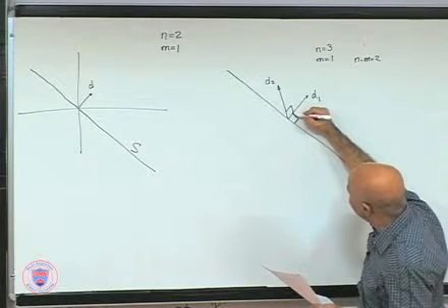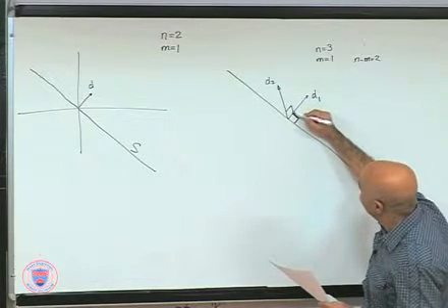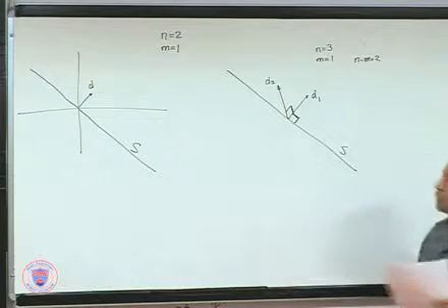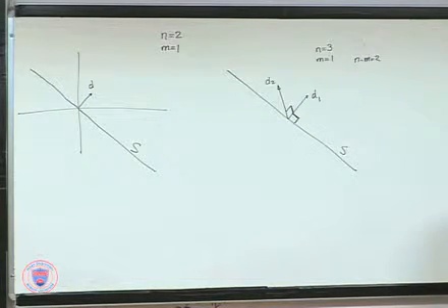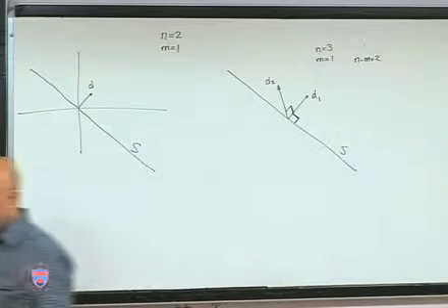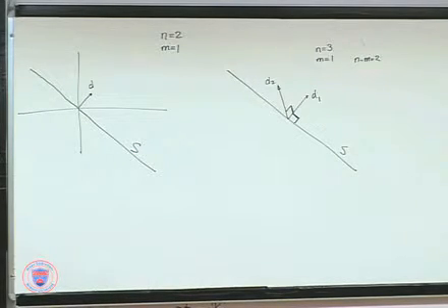Yeah, it does illustrate that. So if you have a line in 3 dimensions, you can always find 2 vectors that are each orthogonal to S. In higher dimensions, of course, you increase the number.